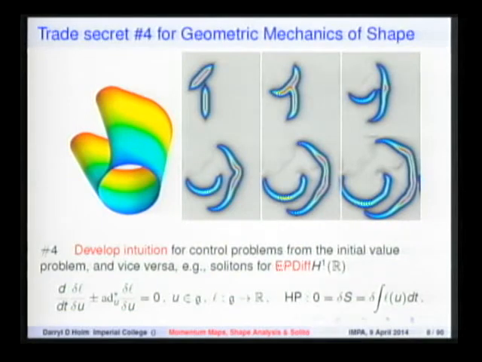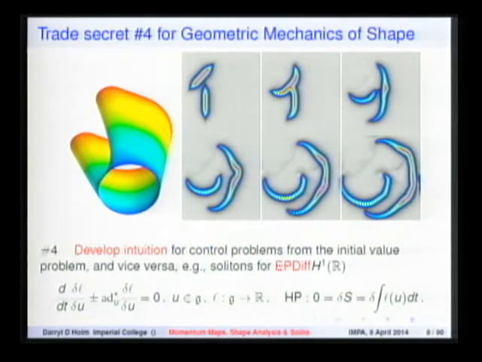And the fourth one, and the one that Deb just referred to, is this idea that you can develop intuition for control problems by thinking of what's happening with the initial value problem, the flow problem. And one of the bonuses for that is that problems like trying to match two shapes, if you just turn them loose as initial value problems, turn into beautiful confined wave structures and interactions of those wave structures and development of singularities in finite time which interact with each other.